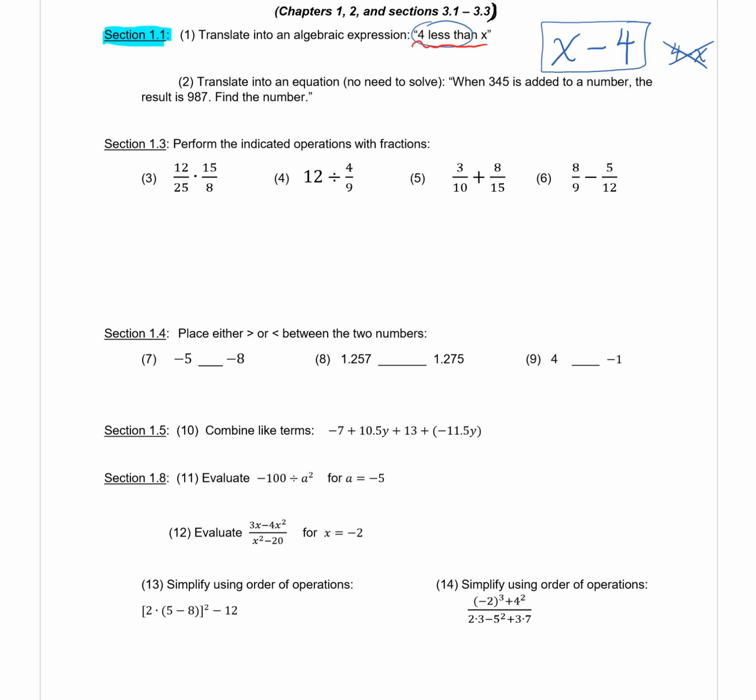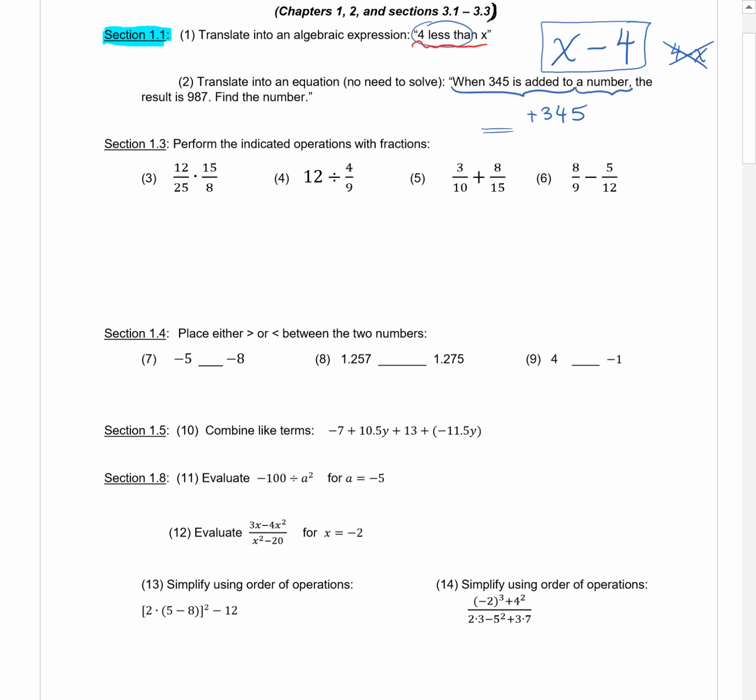Okay, now we'll try number 2. This one's a little more complicated because it's not just an algebraic expression, it's going to be an equation. So it wants us to translate this into an equation. It says, when 345 is added to a number, and I might even just stop there. When 345 is added to, that means you're adding 345 to something, to a number.